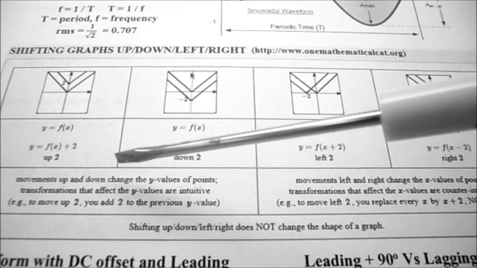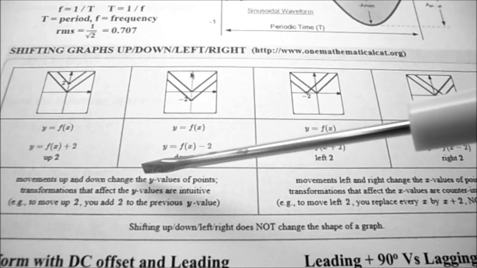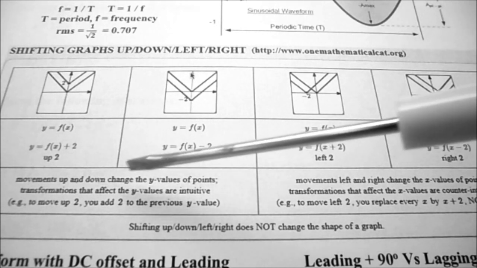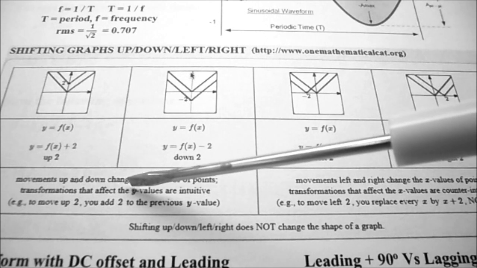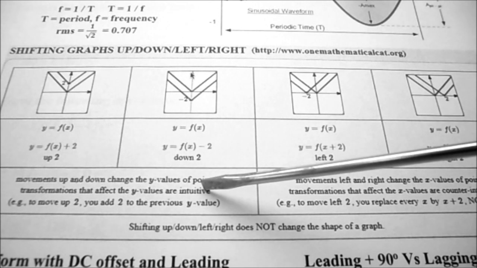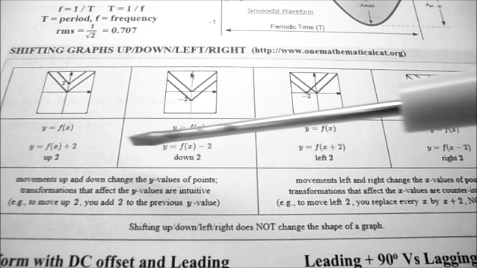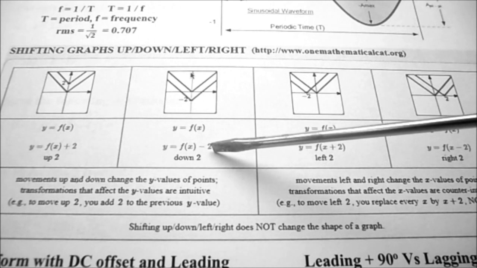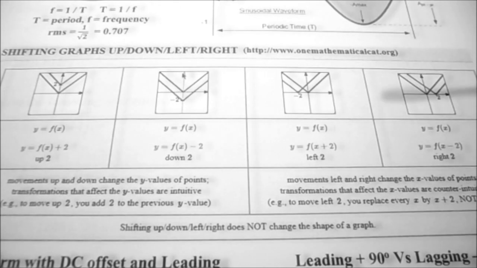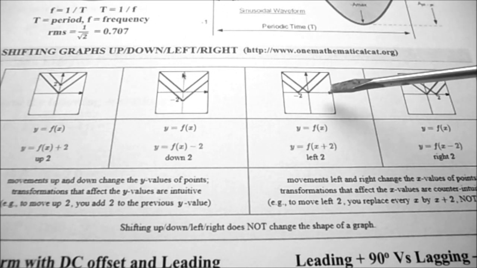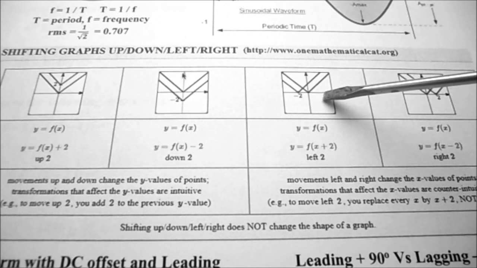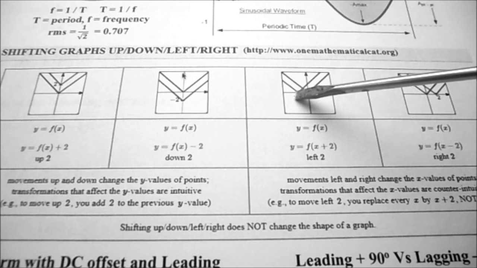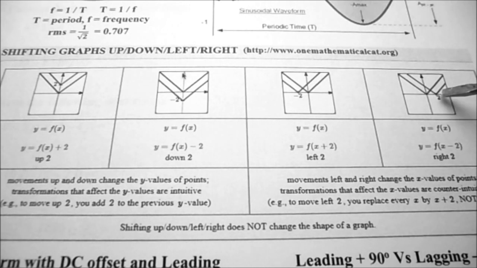Okay. Under here it says movements up and down change the y values of points. Transformations that affect the y values are intuitive, meaning that we're going to either add or subtract from it to shift the waveform up or down. Now when we're shifting the waveform to the left or to the right, it says movements left and right change the x value of points.